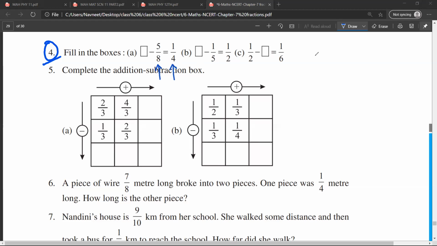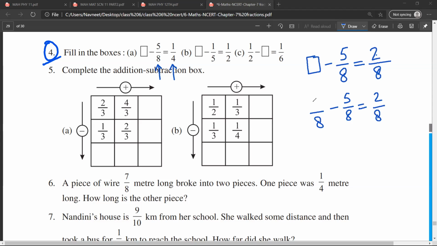Now see what I do. 5/8, the denominator is already 8. I write 1/4 as something upon 8. What would be the something here? 2/8. Perfect. Now this is 7/8 minus 2/8, so I'll write 5 here.